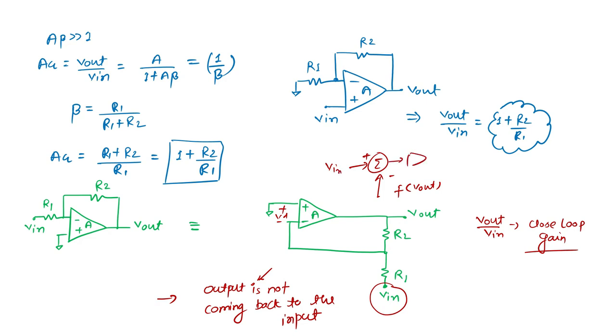Then you will see a negative feedback, and with that we can analyze the structure we saw on the previous page. This way you can see your circuit from different angles, and when we see analog circuits from different angles, we get a better understanding of their analysis.